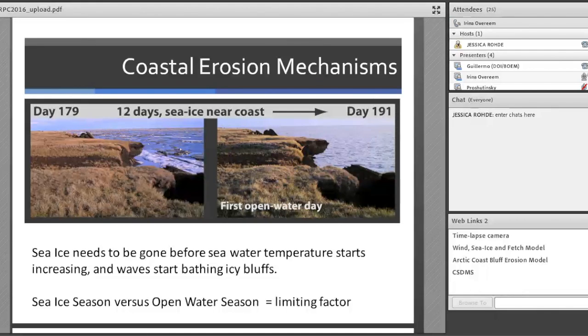And so there's really a protection and a boundary condition that's set by when the ice is there versus when the ice is not there. And we used time-lapse cameras to confirm this, as well as measurements on the bluffs, and found the erosion in this time early in the summer is about 1 centimeter a year when there's no access by waves yet.